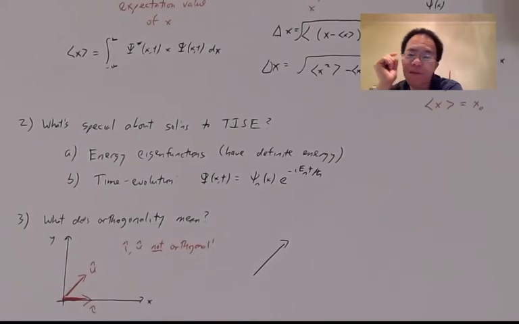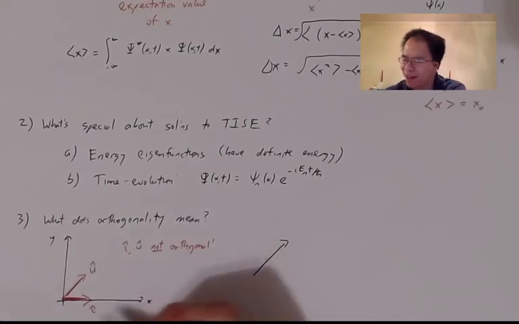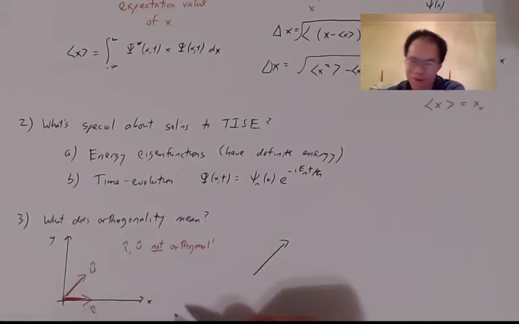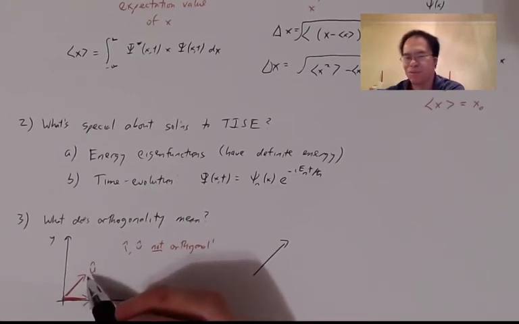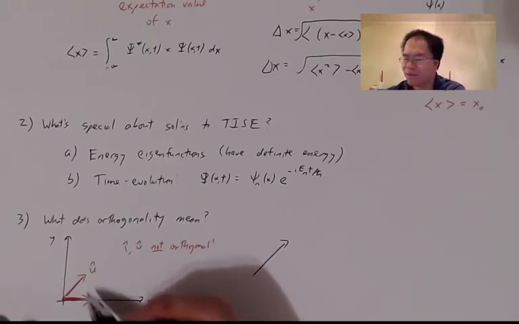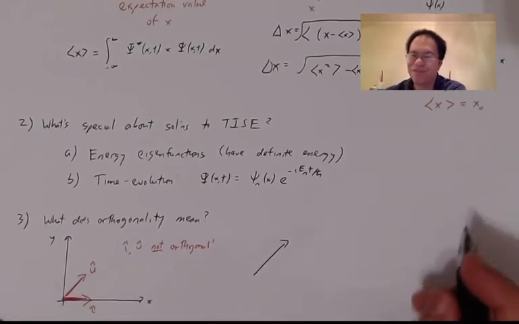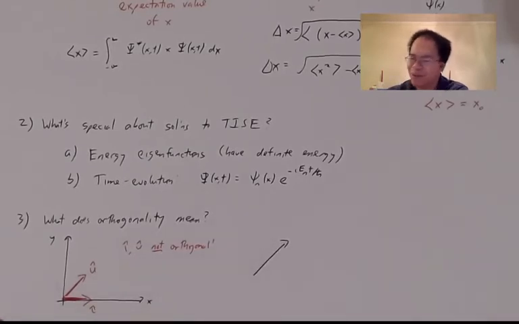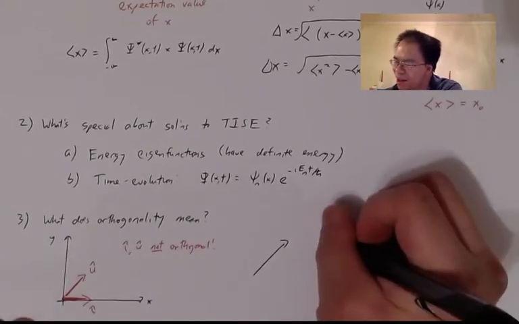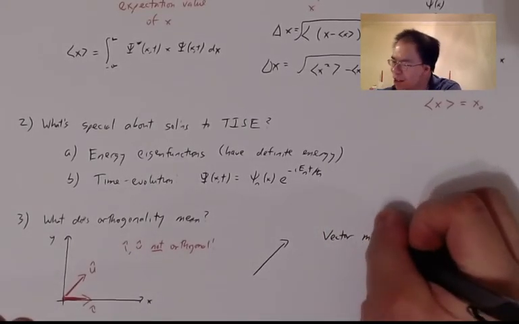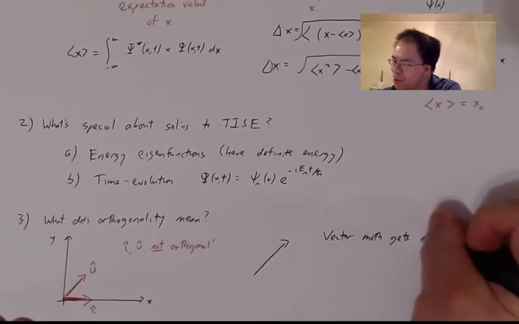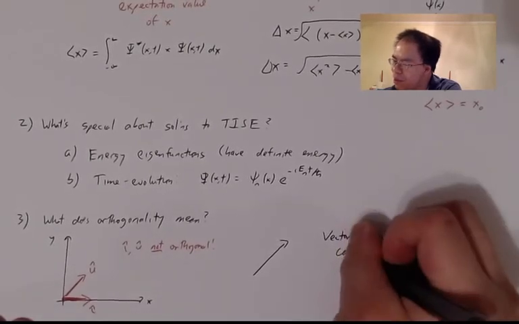And now adding vectors becomes trickier too, because if I want to add some horizontal vector, it's going to affect both the u and the i-hat components of this vector. So, without going into much more detail, vector math gets more complicated.